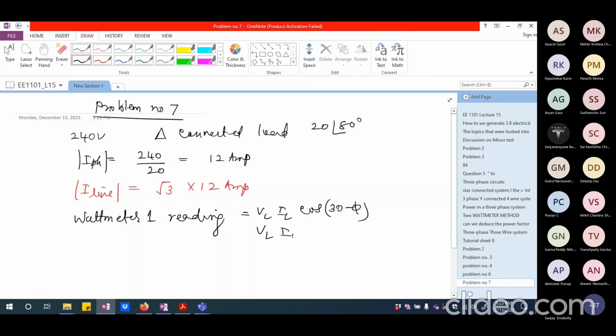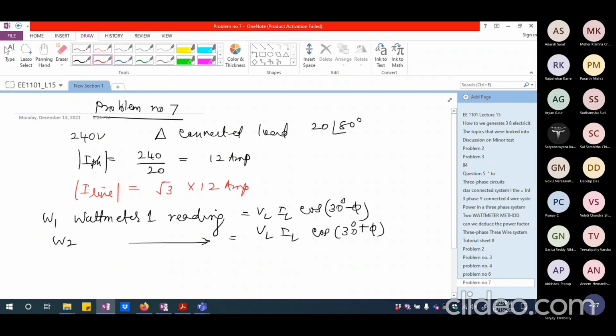The other one is going to be VL IL cos of 30 plus phi. It's okay if one of them is plus phi and the other one is minus phi. It doesn't matter what we call W1 and what we call W2, because you are going to connect 2 wattmeters in 3 lines as the case may be. So you don't know exactly how the readings are going to come.